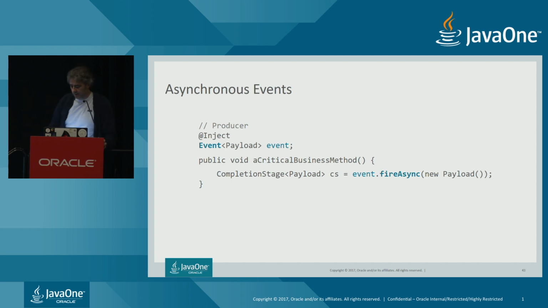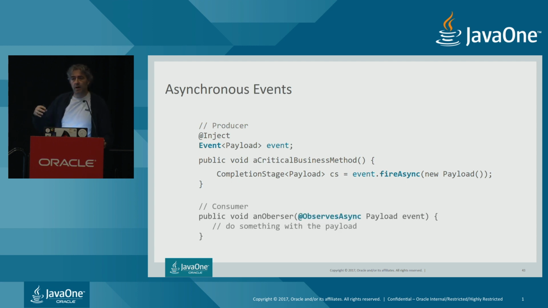I'm producing an event here, and obviously, somewhere else, I will want to consume that event. To consume that event, I just have to define an async observer. For that, I have a method that is using this new @ObservesAsync annotation, and any time an event is fired by that producer, my observer will be invoked in a different thread, in a fully async fashion.